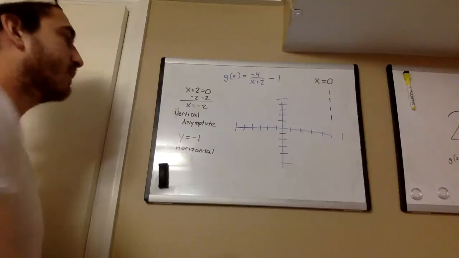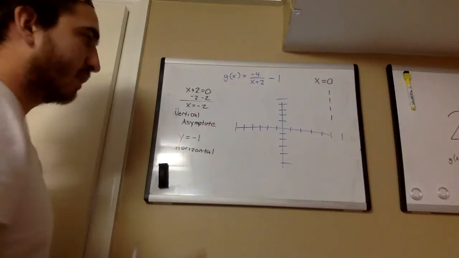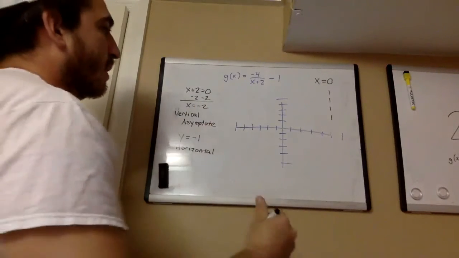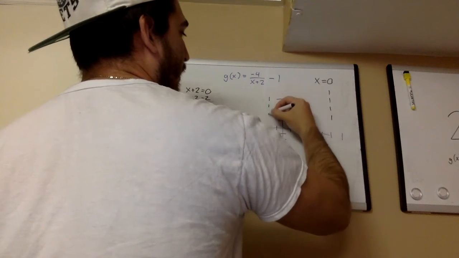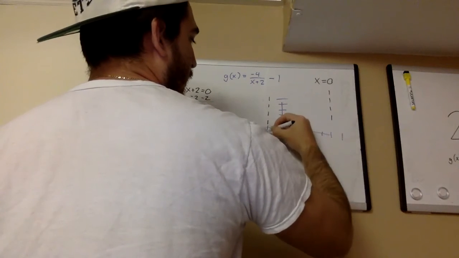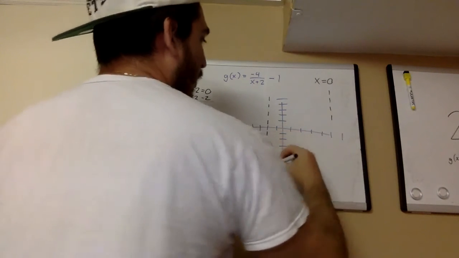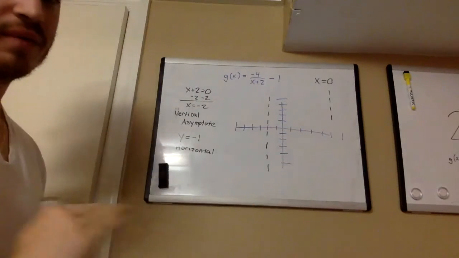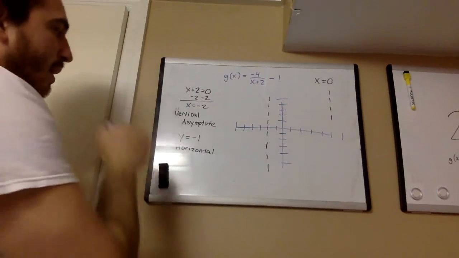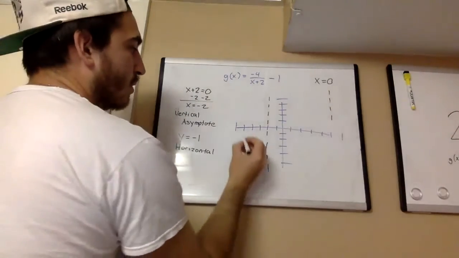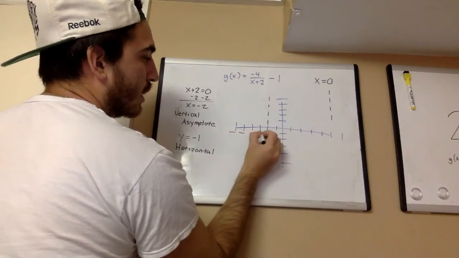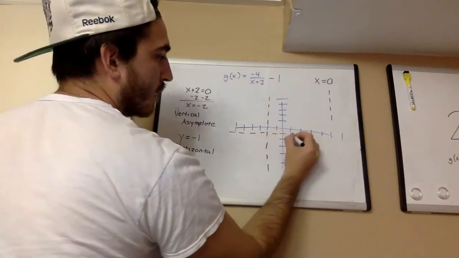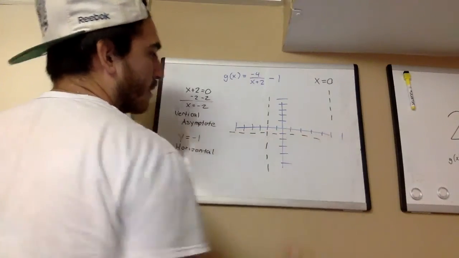The first one that we're going to do is x equals -2. That is our vertical asymptote. At -2, you're going to create a dotted line going down, which means our graph is never going to touch that line. Then we're going to do our horizontal asymptote of y equals -1. Once again, our graph should never hit this line either.